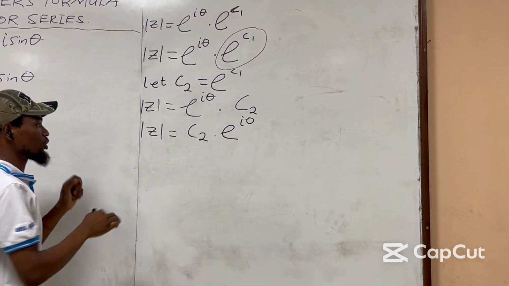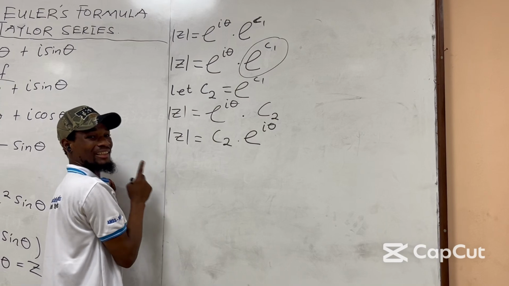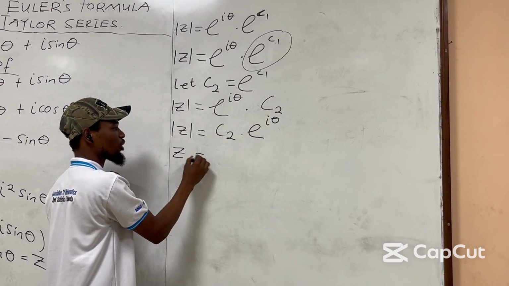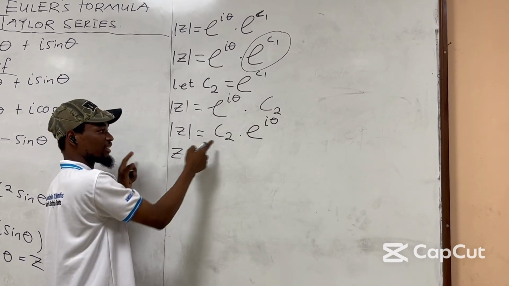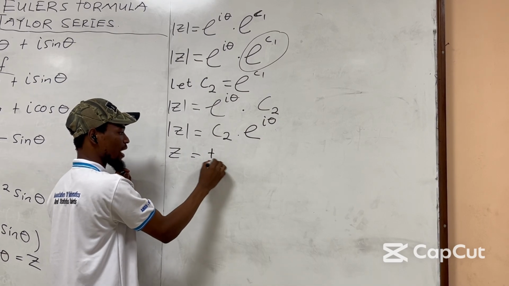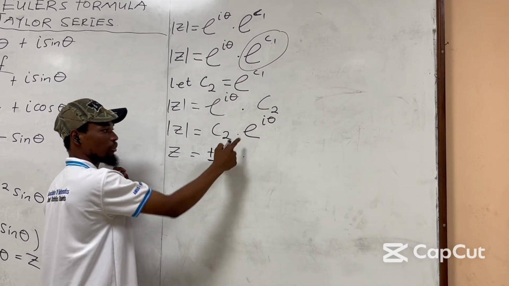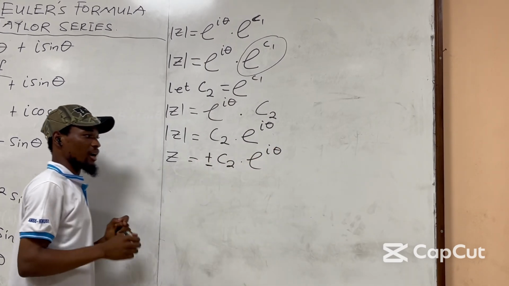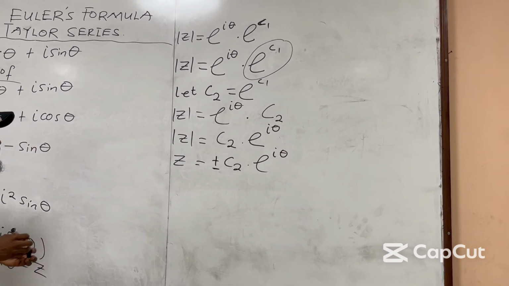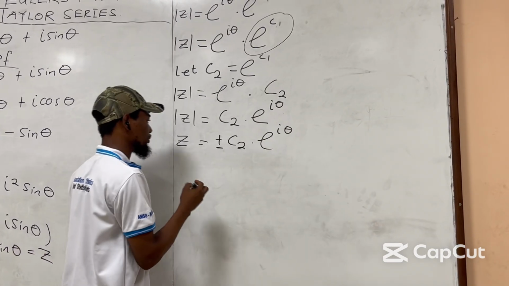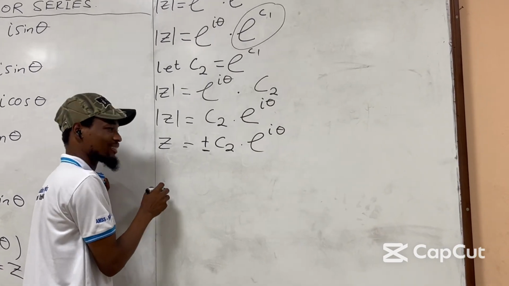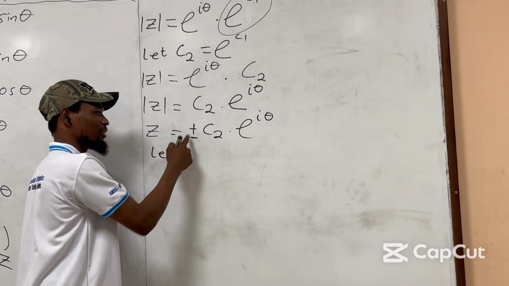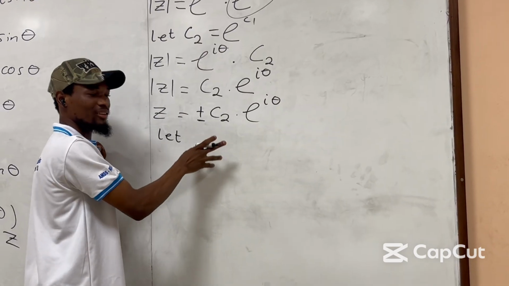Now I want to make z exactly. So I have z is equal to, because of the absolute sign here, plus or minus c2 multiplying e to the power i theta. So I can also say that let plus or minus c2 be a constant.